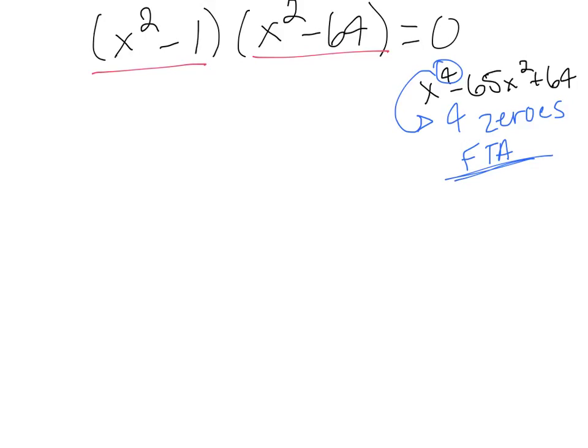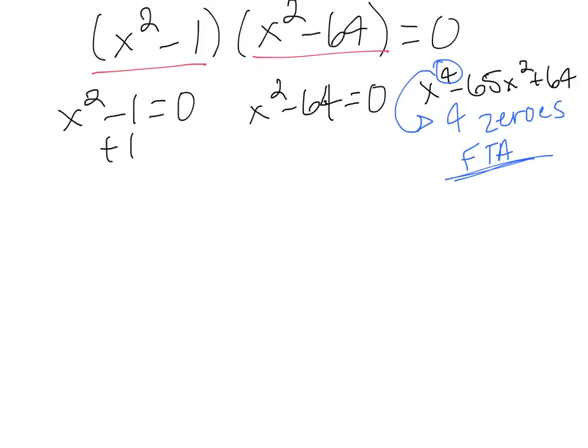I've got x squared minus 1 equals 0 and x squared minus 64 equals 0. So let's work on the left equation first. I'm going to add 1 to both sides. I get x squared equals 1. Take the square root.